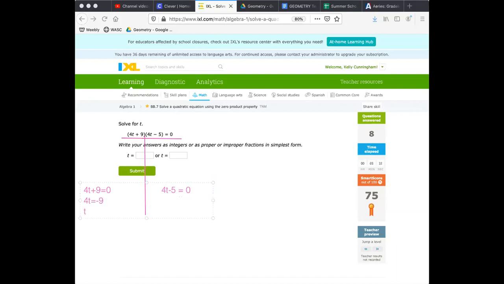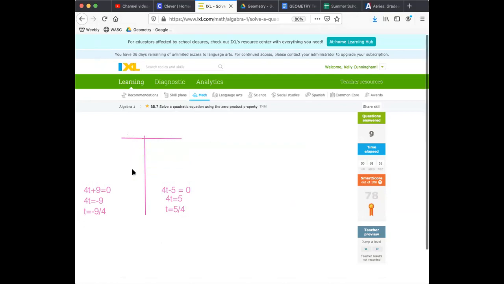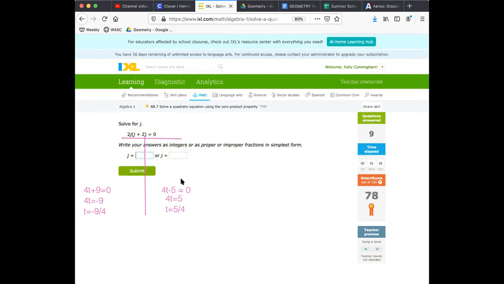And then I divide by 4, so t equals negative 9 over 4. Then this side would be 4t equals 5. So then t equals 5 over 4, because I would divide by 4. All right, let's plug this in. So negative 9 over 4, and then this would be 5 over 4. Submit.